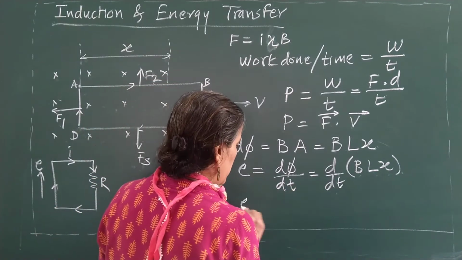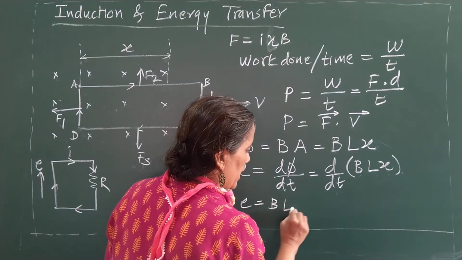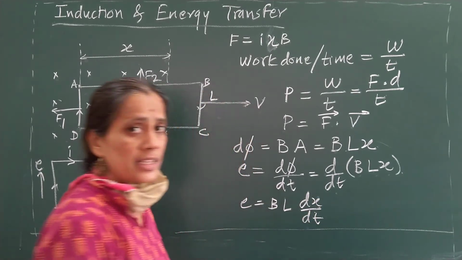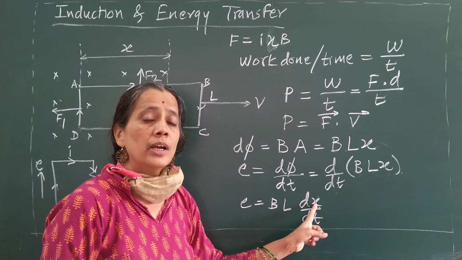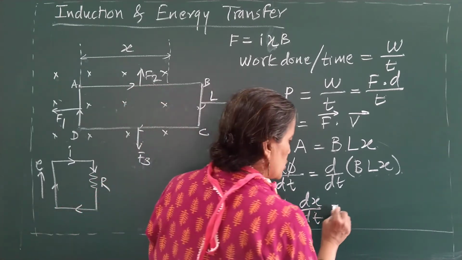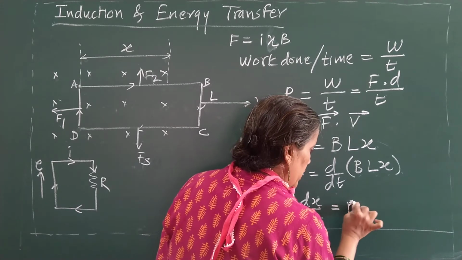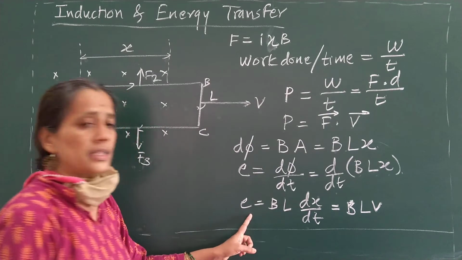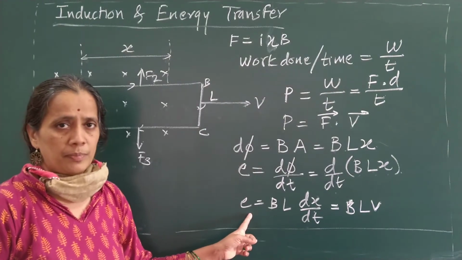So EMF E is equal to BL dx by dt, and this dx by dt is nothing but the rate of change of displacement of the coil with respect to time, which is velocity. So you will get E equal to BLv. This is the induced EMF.